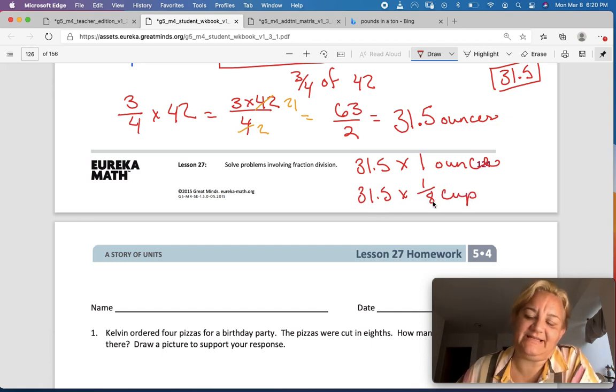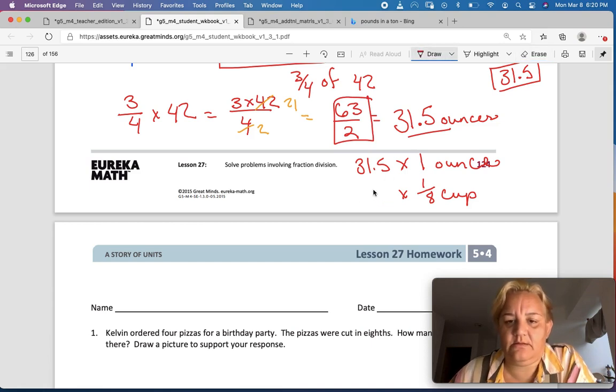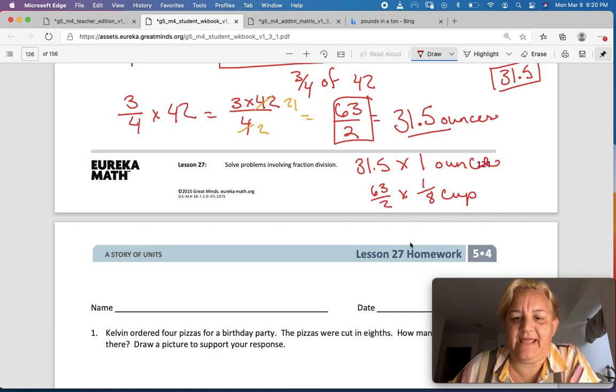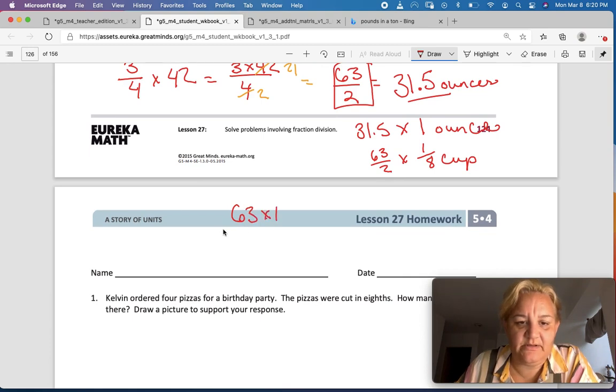Now I've got a fraction and decimal. Maybe I should have left that as a... You know what? I'm just going to use this one right here that I already had before I turned it into that. Okay. 63 over 2. And, sorry, I'm running way out of paper here. 63 times 1 over 2 times 8 equals 63 over 16.